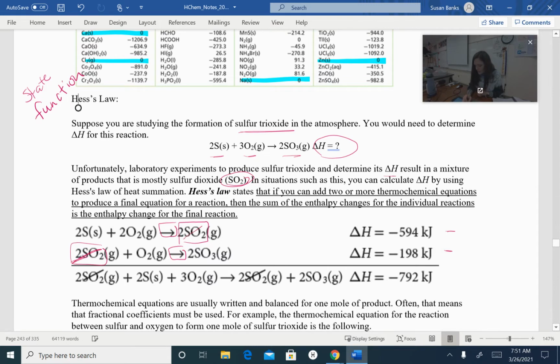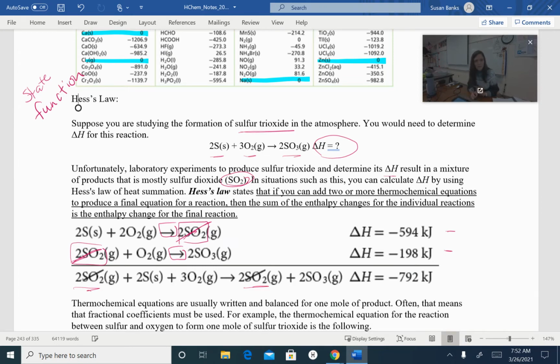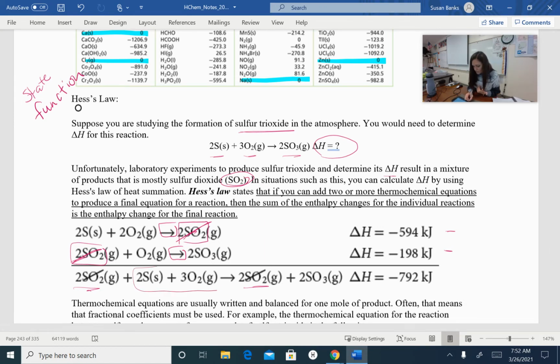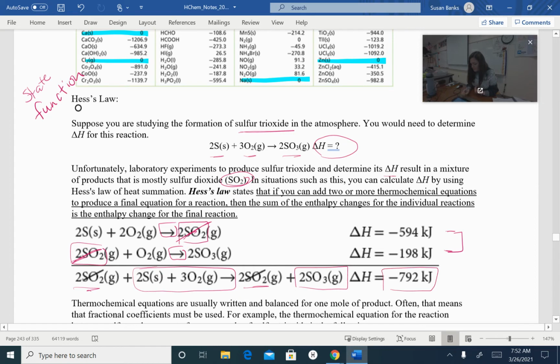They are both on opposite sides of those reaction arrows, so I can cancel them out. Notice I canceled them out. So when I get down to what's left, I have 2 sulfurs plus 3 oxygens, giving me 2 sulfur trioxides. I just add the delta H's so that I get the delta H for the reaction I want. That's the reaction I wanted, isn't it?